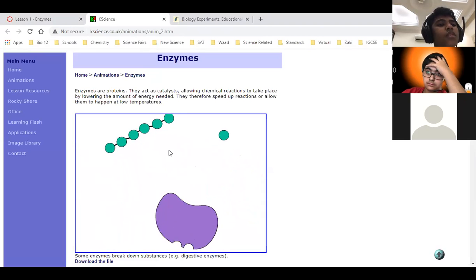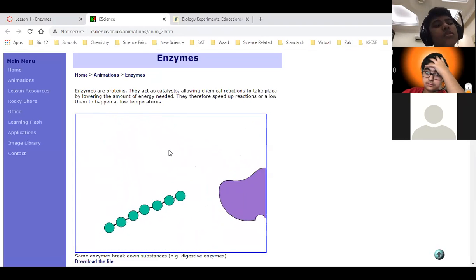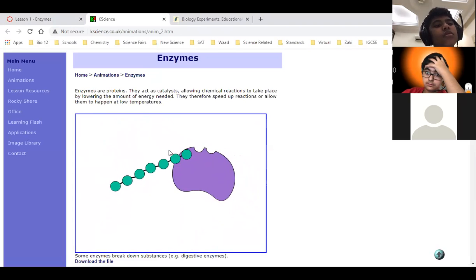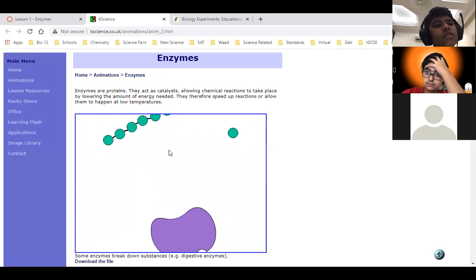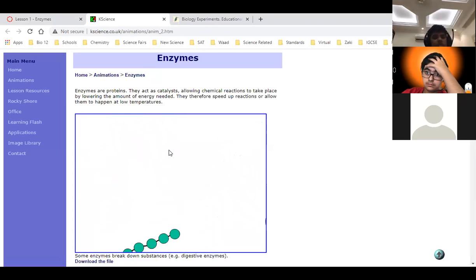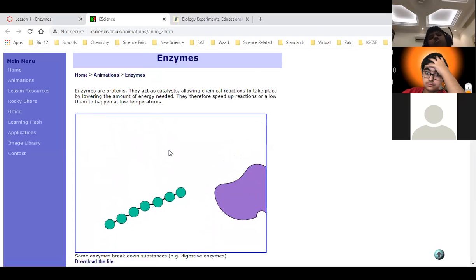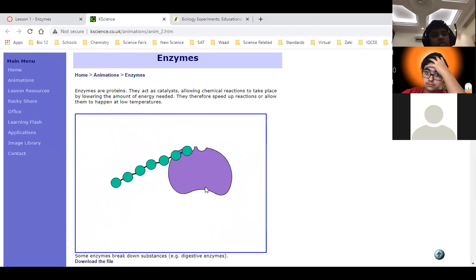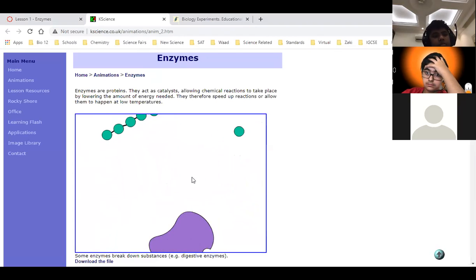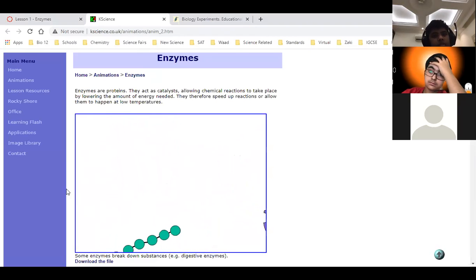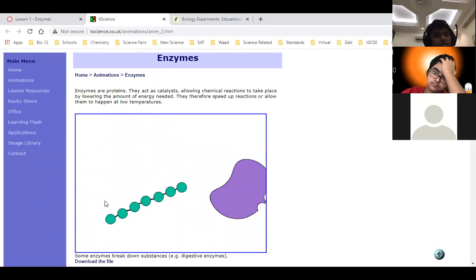Look, if it moves exactly like this, they will be able to join with each other. They will be able to do their function. But if we start heating it up, they will start moving faster. Faster means high kinetic energy. The word kinetic energy shows the movement speed of these molecules.